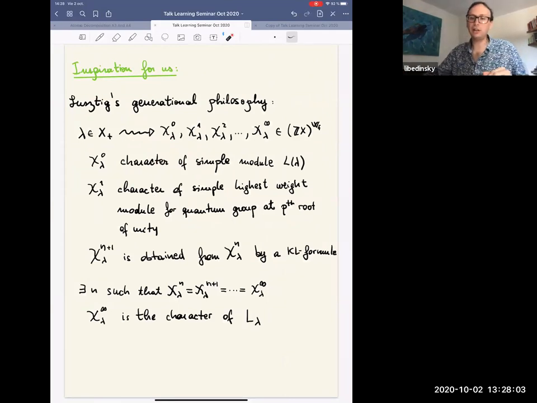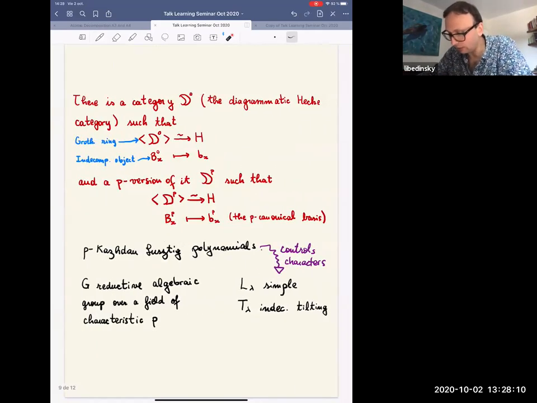The p-canonical basis is really not something that we know how to calculate. I mean, there are algorithms to calculate the indecomposable objects, but they are algorithms in a category. You have to calculate all these morphisms and then compose them with other morphisms and then see the rank of some matrix that appears. It's a very complicated process. So the question would be: how can you calculate this in an easier way?